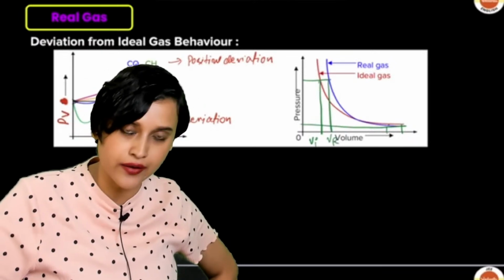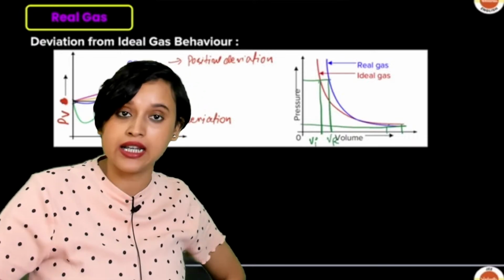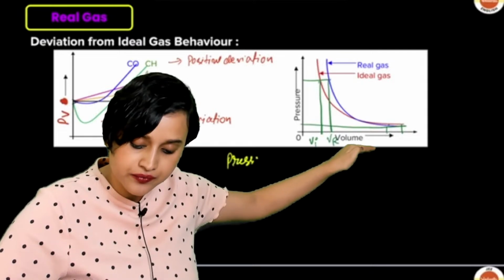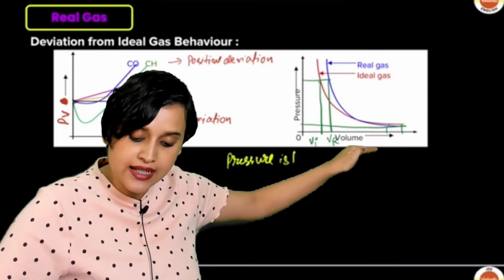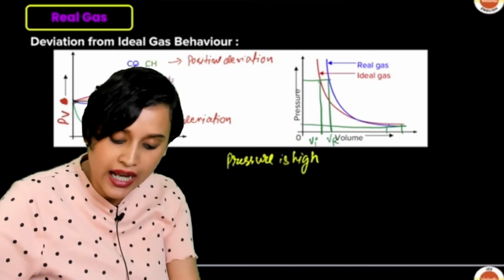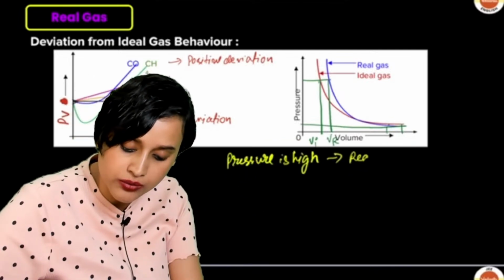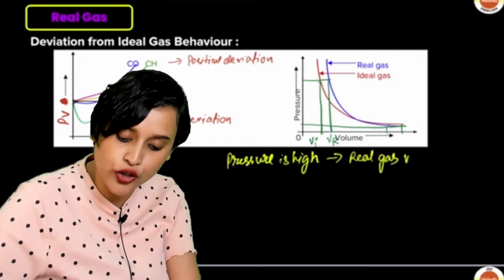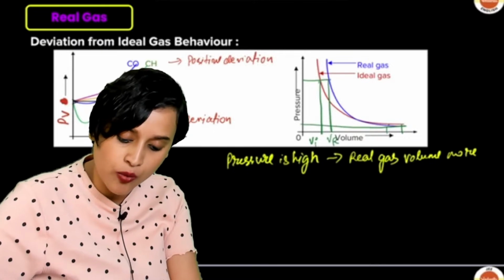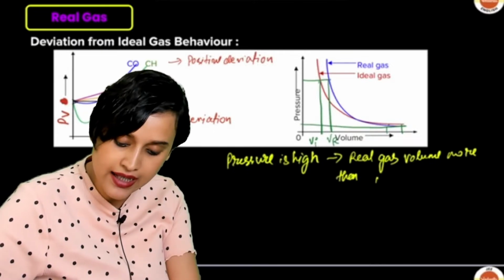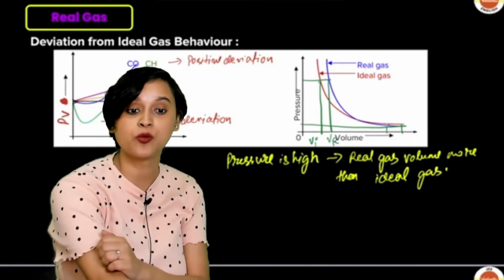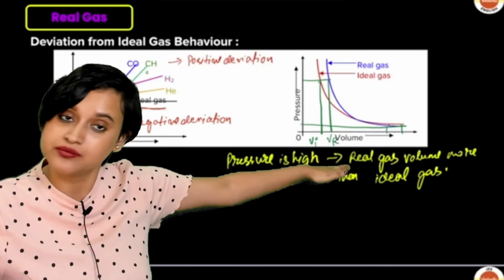So what I want to say is that when pressure is high, my dear students, do you see that the real gas volume is more than the ideal gas volume?